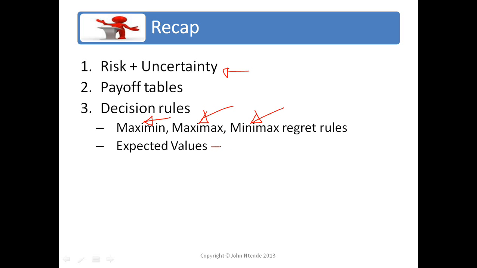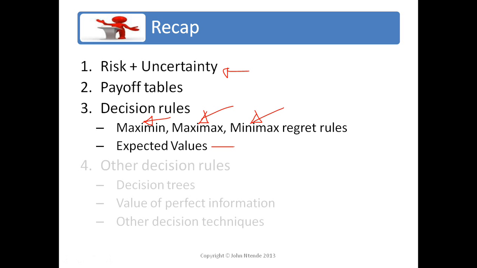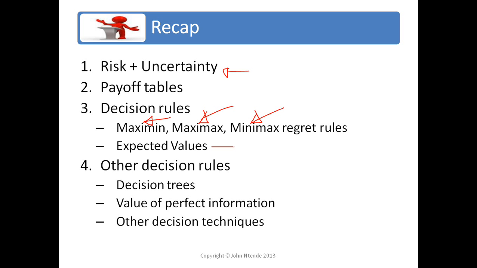Then we looked at expected value, where we defined expected value as the summation of the probability times the outcome, which could be the profit figure. Then we looked at other decision rules. We looked at decision trees, which is used together with expected value to try and evaluate all possible scenarios out of making certain decisions. We looked at value of perfect information, being the difference between the expected value when you have perfect information minus the expected value without perfect information.